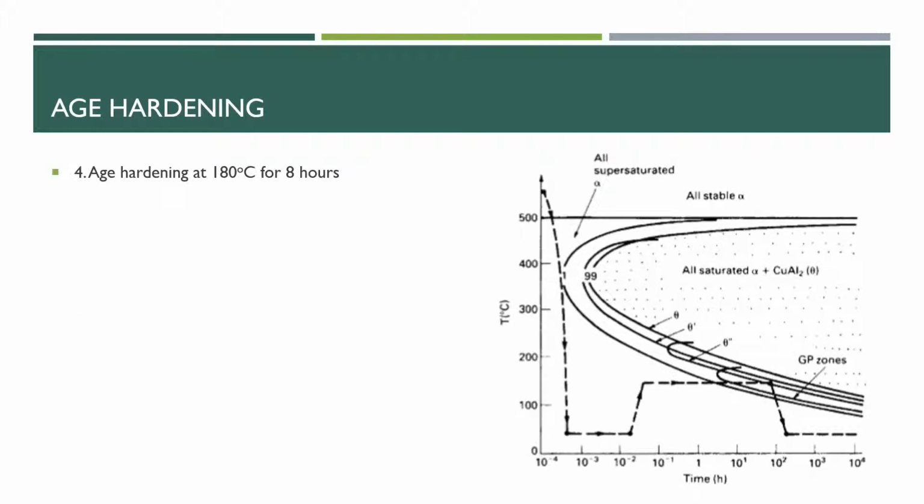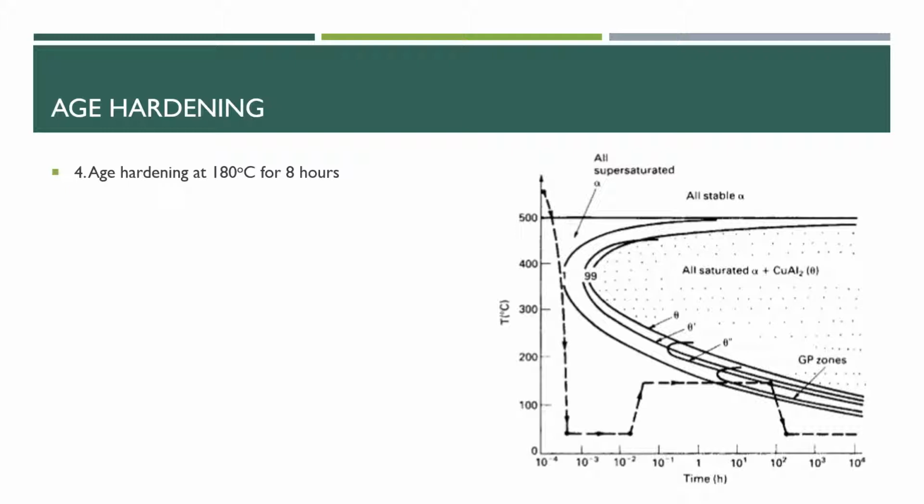So the last and final stage of the heat treatment process is age hardening. The alloy should be age hardened at 180 degrees Celsius for 8 hours. This is because 180 degrees Celsius is the highest temperature at which GP zones will still form.